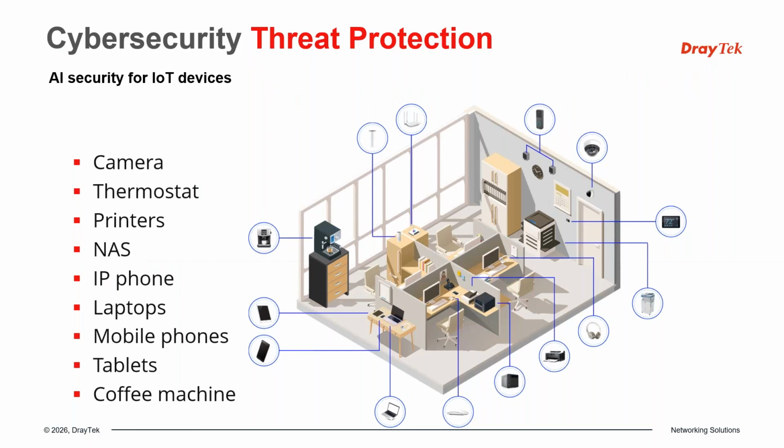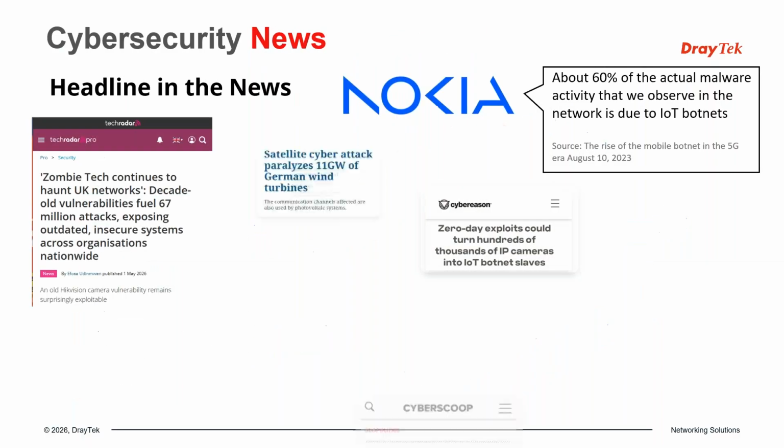So devices have been connected to the internet for many decades now, and as soon as something's connected to the internet, it becomes a potential source of security risk, because it could potentially be attacked by a hacker, and that's something that's always in the news.